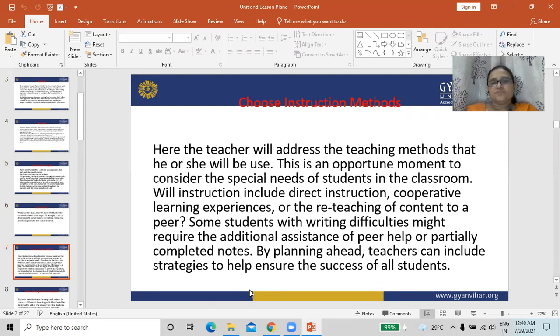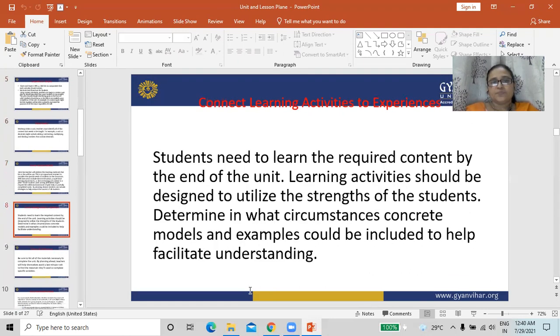So choose the instruction method according to the need of the content, the need, ability, and age group of the students, and also according to your interest. Choosing the instruction method is an important component in the unit plan.